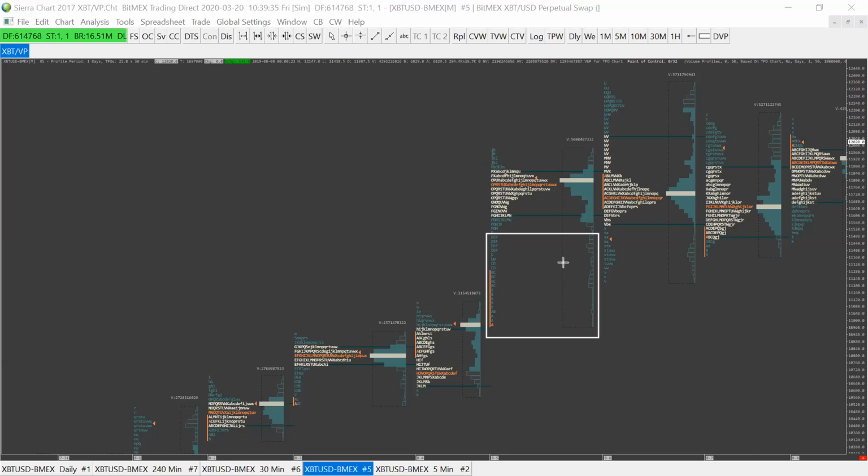So a fast, illiquid move in which what you'll get is traders kind of caught on the wrong end of the breakout. They'll be getting stopped out or unwinding, and the market has to start reaching to find liquidity.